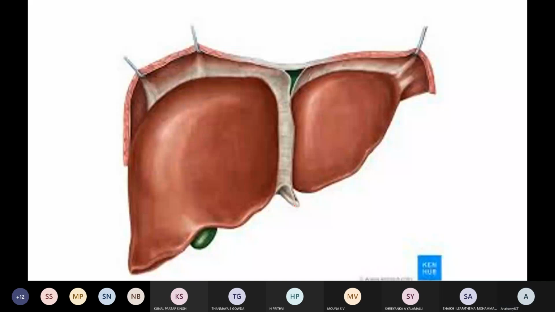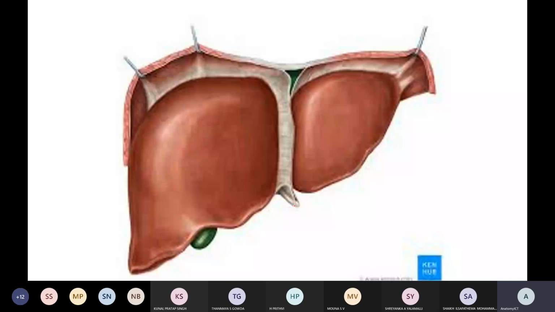Now, the superior and anterior surfaces we have discussed, and their relations. Now this is the inferior, which we call the visceral surface.